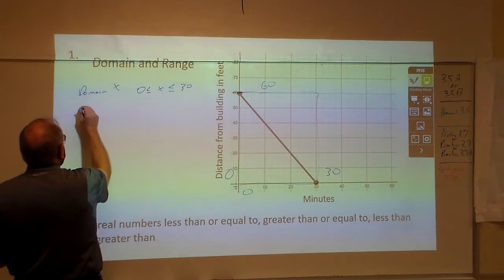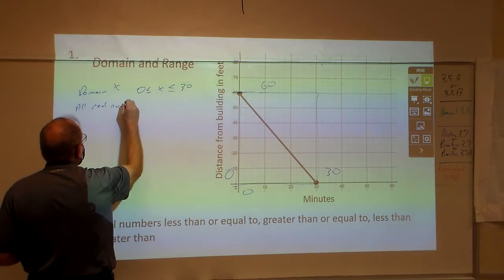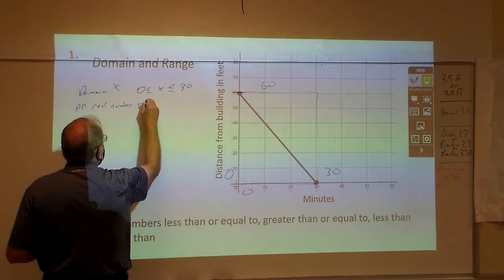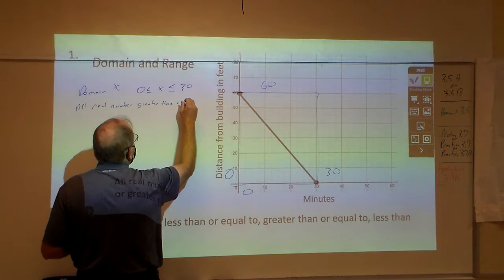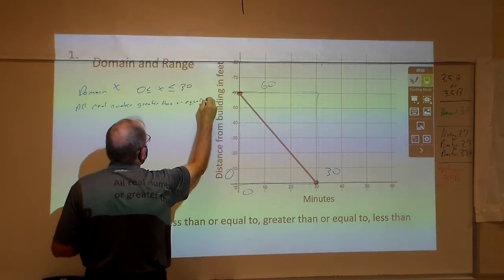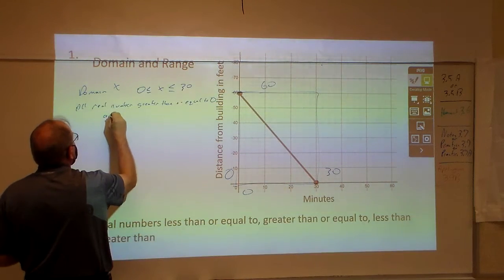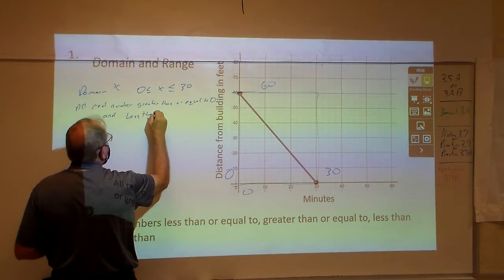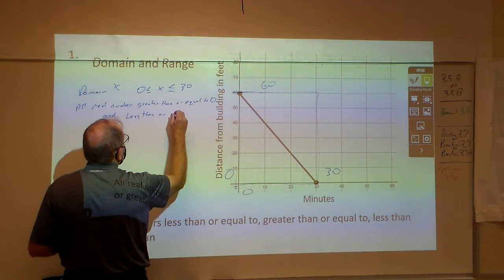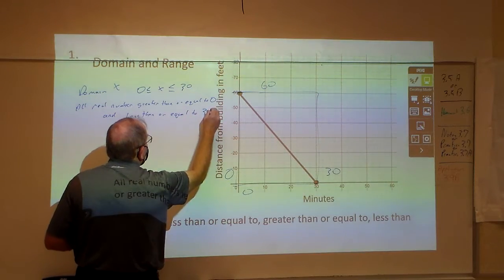So this would be all real numbers greater than or equal to 0 and less than or equal to 30, right?